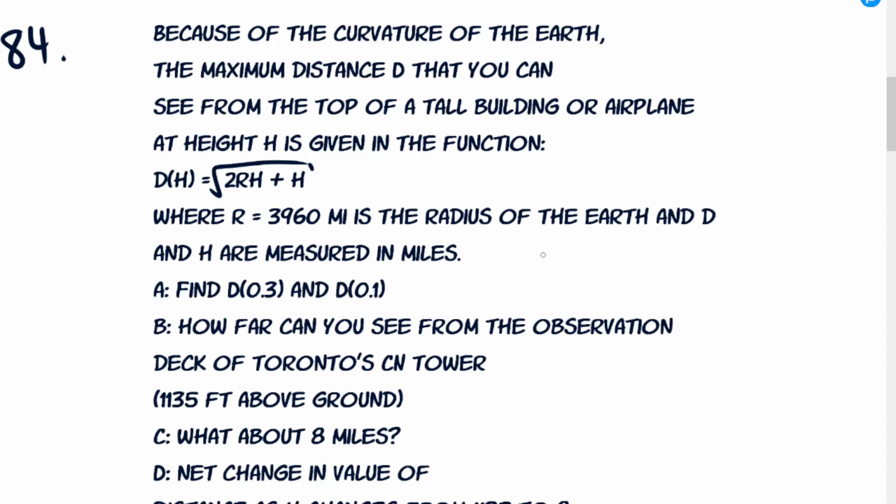So this one we can just plug in some values. So the square root of 2 times r, which is 3960, times h, which is 0.3 in this case, plus 0.3.